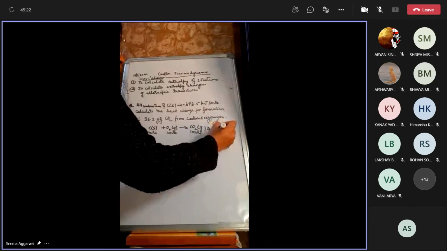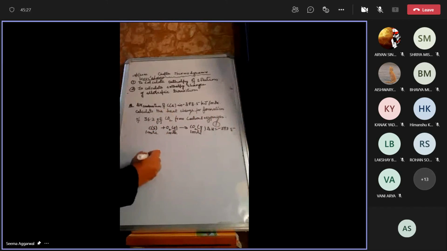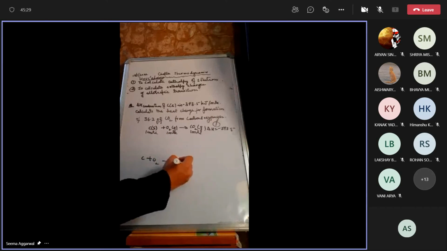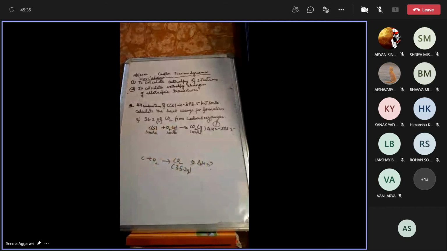The answer given is minus 393.5. And you have to calculate when carbon plus oxygen are combining to form carbon dioxide, that is 35.2 grams. For this reaction, what is the delta H change? This is my question. So how to calculate? It is a simple 9th class concept, chapter first concept, mole concept.